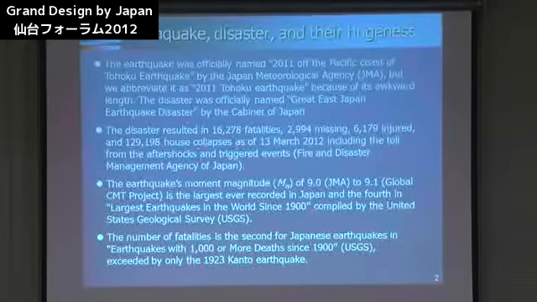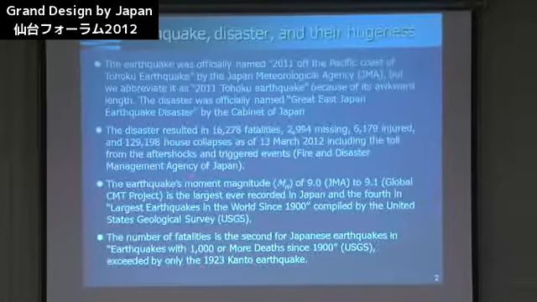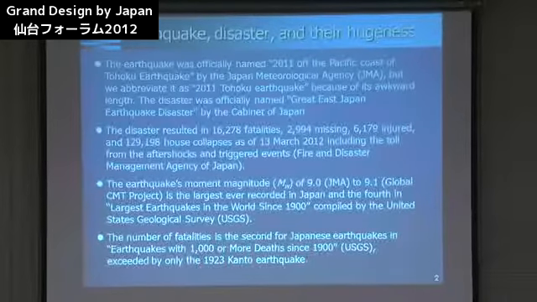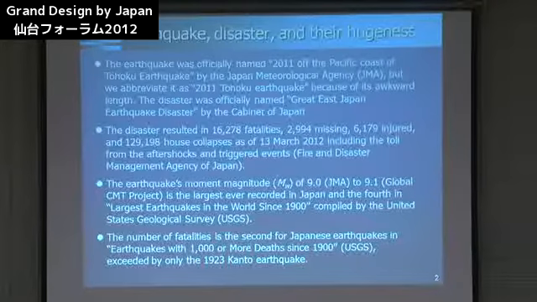These numbers came from the Fire and Disaster Management Agency of Japan. The earthquake's moment magnitude, a kind of magnitude of earthquake, was 8.0 as determined by JMA, and 9.1 by the Global CMT project.